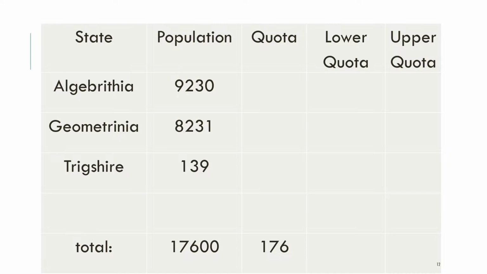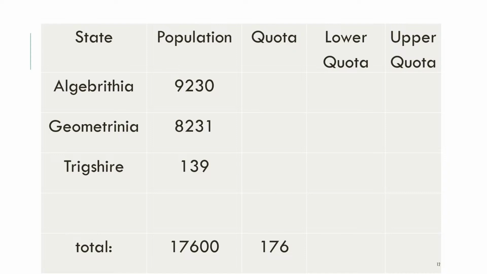I know, ridiculously large, but there's a reason why I chose that number, especially since the population is only 17,600. So not many people in this particular thing. If it makes you feel better, you could imagine these are thousands of people, so this would be 17,600,000 maybe. Then 176 would make a little bit more sense.